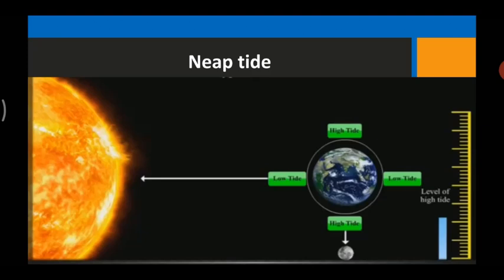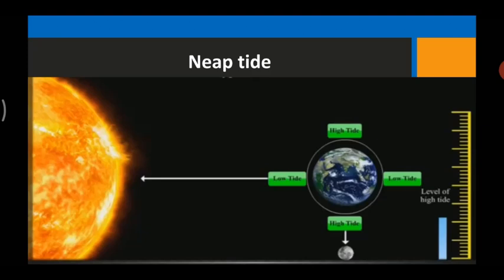You can see the level of the water here. Can you see the level of the water? It is low compared to the level of the water in the spring tide. In the spring tide, the level was high, but in the neap tide, the level is low. This is because the attractions of the sun and the moon are not complementary. They are making a right angle, right?